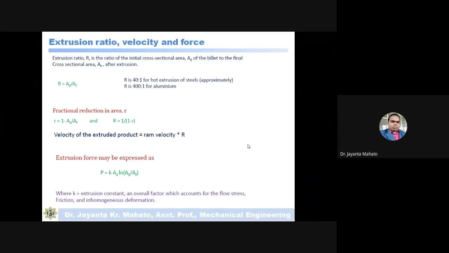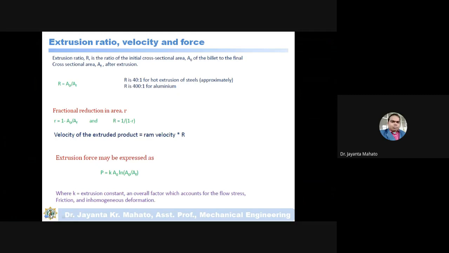Extrusion ratio is nothing but a ratio between cross-sectional areas, means the initial cross-sectional area divided by the final cross-sectional area, after extrusion.